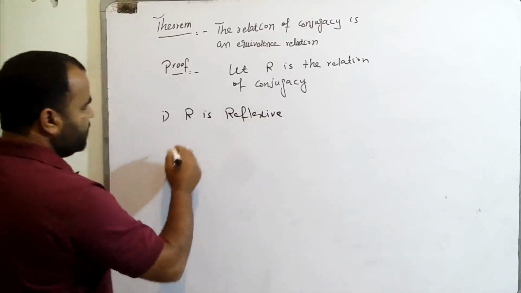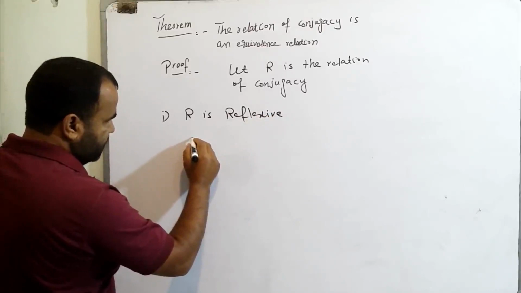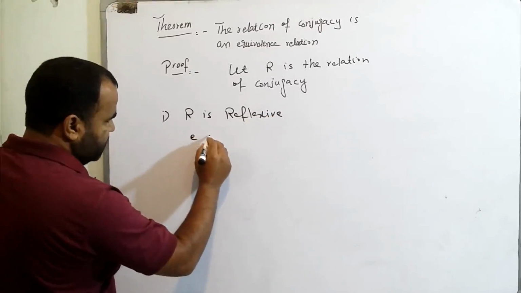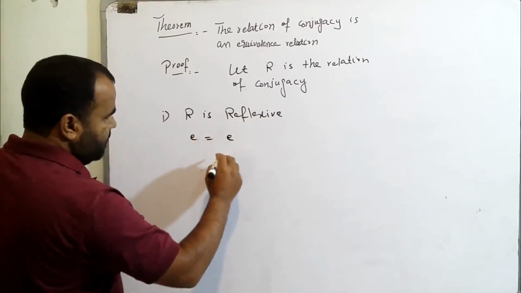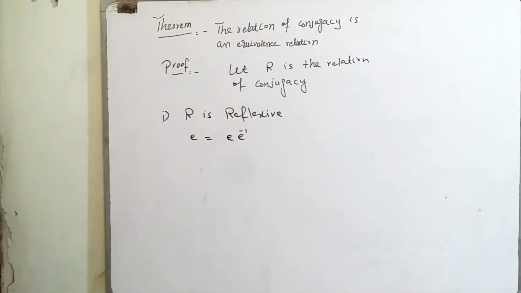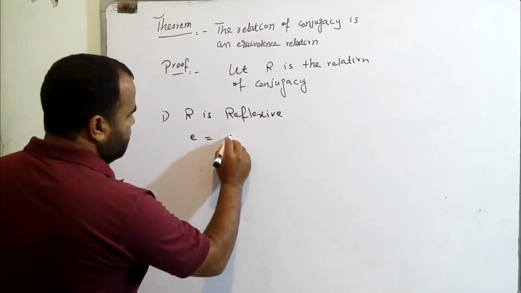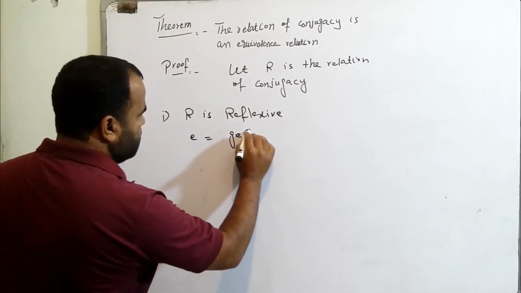As we know, e can be written as e = e e^{-1}. In the case of conjugacy relations, e can be written as e = g e g^{-1}.